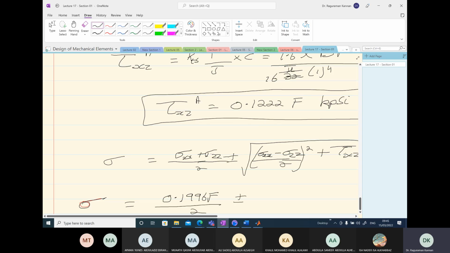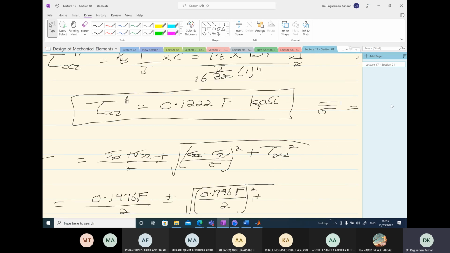We have plus or minus the square root. Again we have 0.1996 F divided by 2, z is 0 again, and then plus 0.1222 F, the whole square.